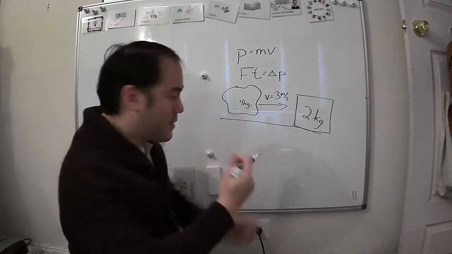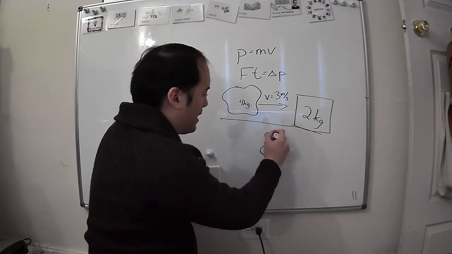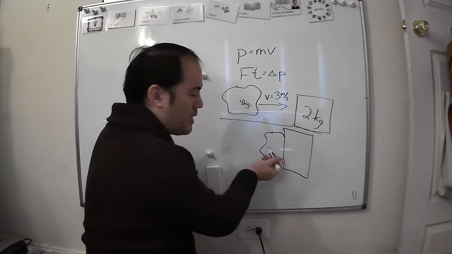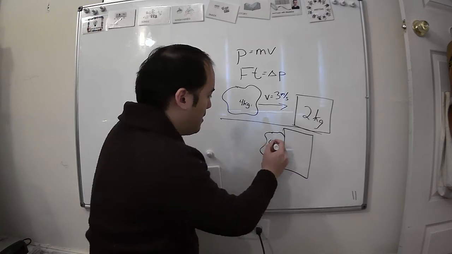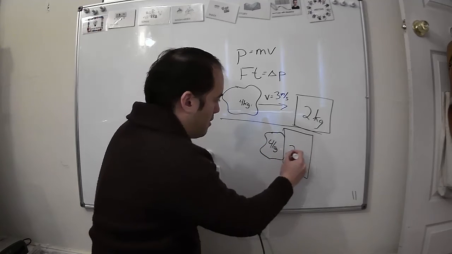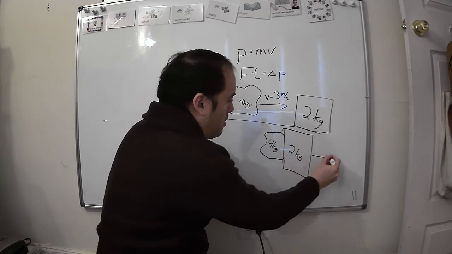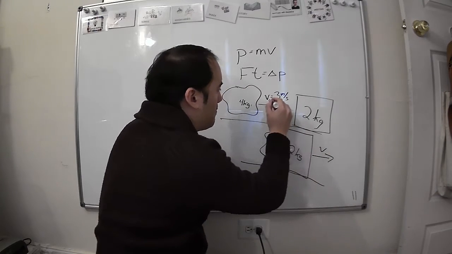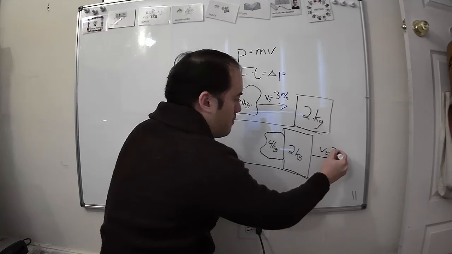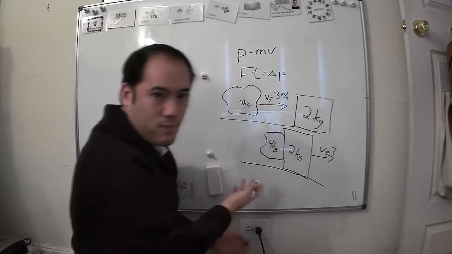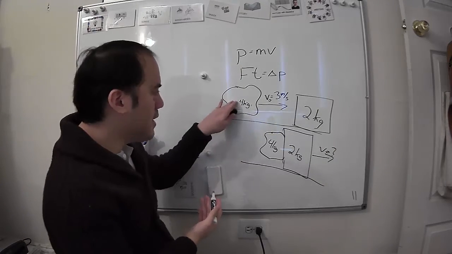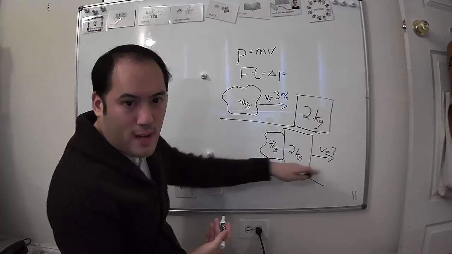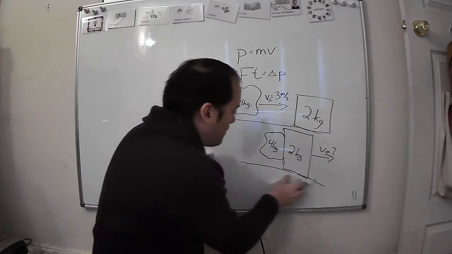They stick together. So now I got the blob stuck to the ice, clay, ice. How fast will it slide away? That's the problem. Clay hits ice, stick together. How fast will it slide away?